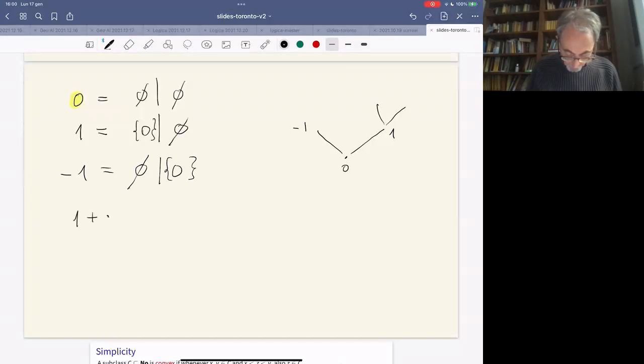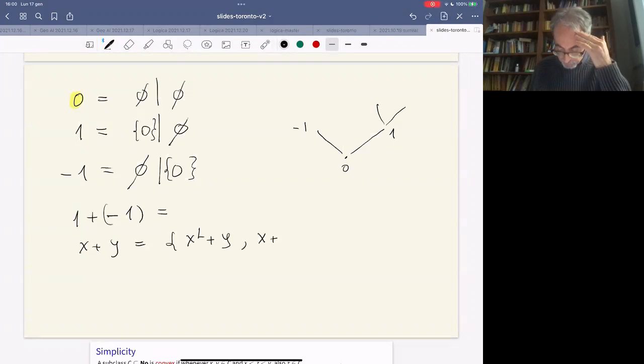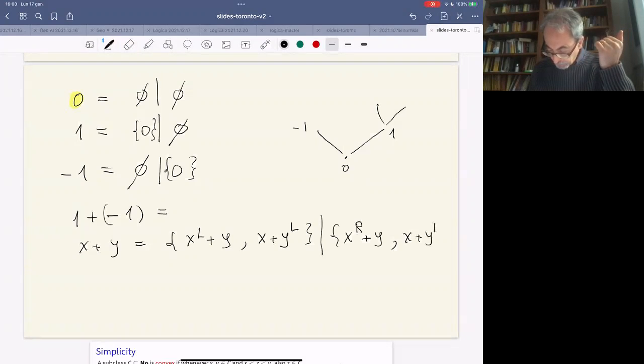1 plus -1. It's equal. So this is x plus y is going to be left option plus y, x plus left option of y. Then you have to do the right options. Okay, what are the left options available for 1? The left options available for 1 is just 0.